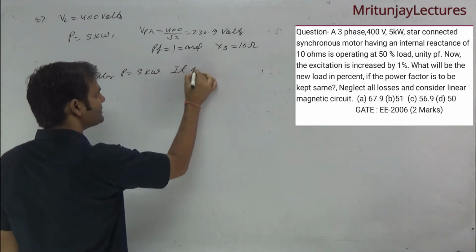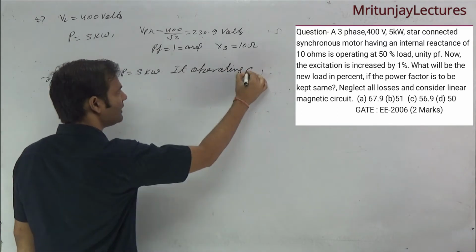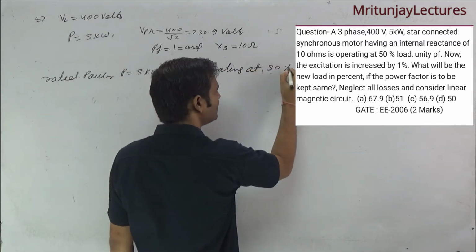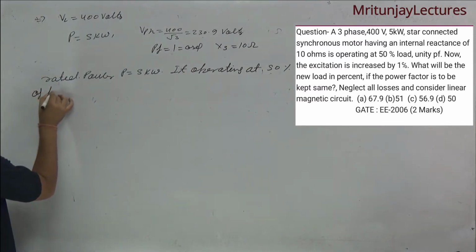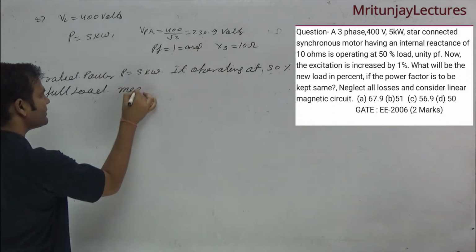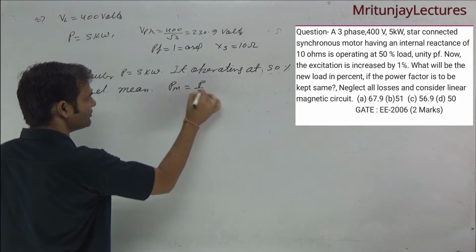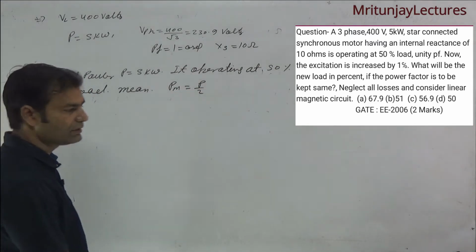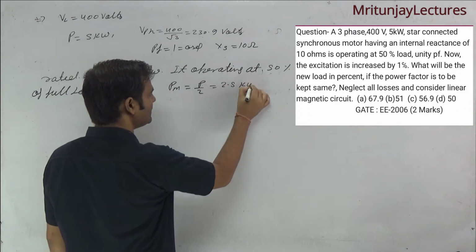The synchronous motor is operating at 50% of full load. Full load means PM is given, that is P by 2, which means 2.5 kilowatt.